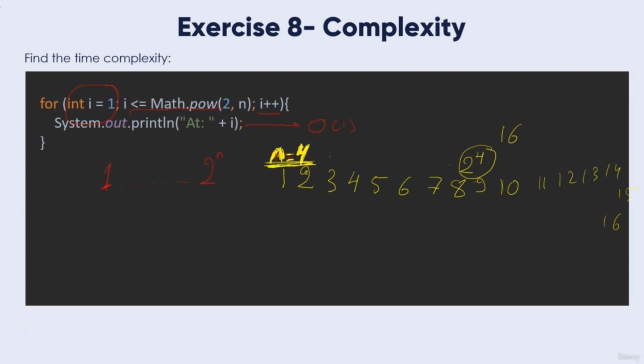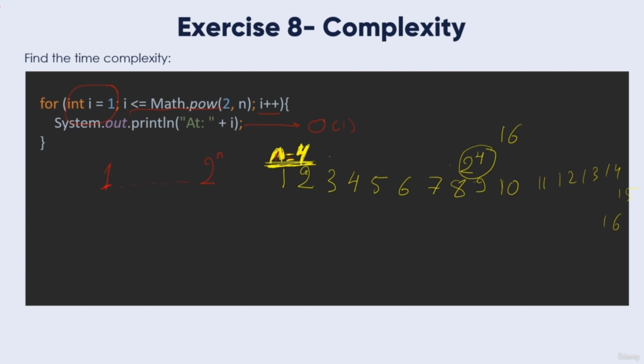This loop will go through all of these elements, 16 iterations, printing this System.out.print 16 times.